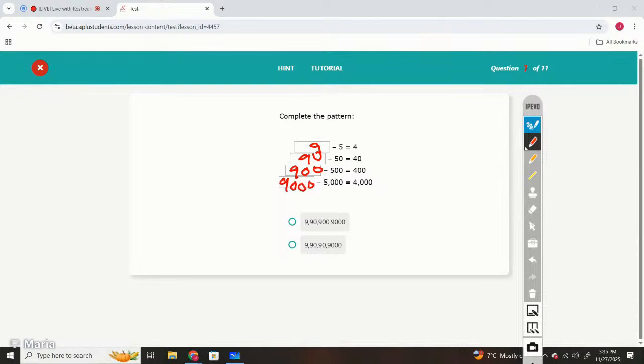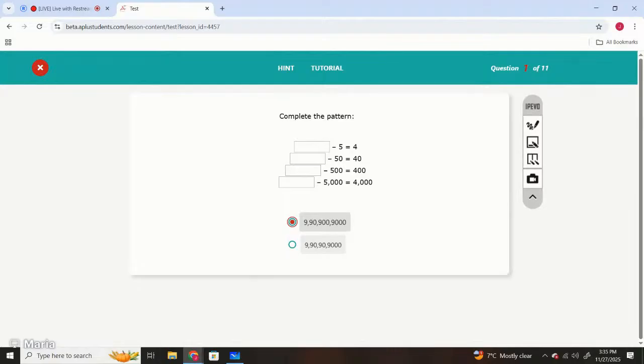And 9000 take away 5000 is 4000. Option number 1 is the correct option. 990, 900 and 9000.